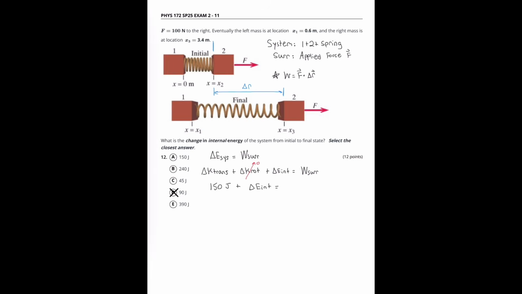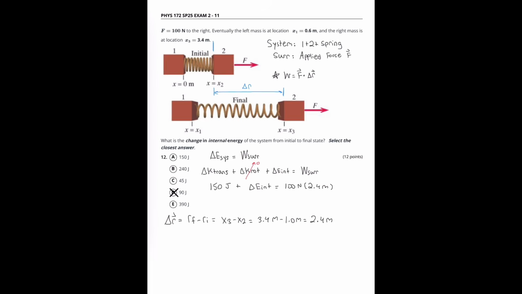So we can rewrite the change in r as our final minus our initial, which is equal to x3 minus x2, and that is 3.4 meters minus our x2 of 1.0 meters, which is equal to 2.4 meters. So that's equal to our force of 100 newtons times our distance of 2.4 meters.